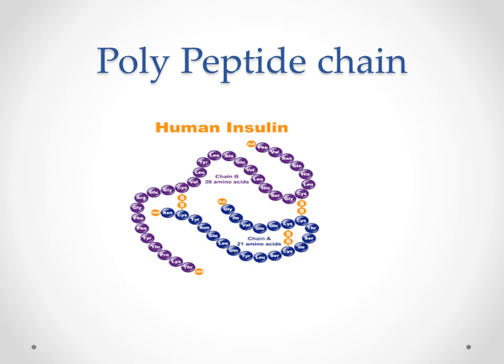Chains containing 3 to 10 amino acids are called oligopeptides. Medium sized polypeptides include insulin, which has two chains of 21 and 30 amino acids respectively. Large complex proteins consist of several hundred amino acids.